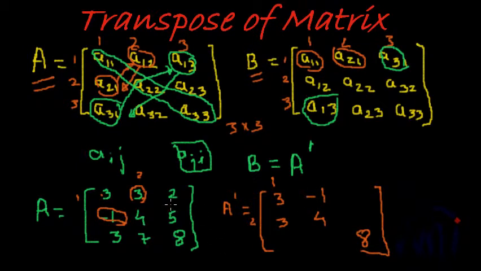Understood? Similarly, 2 which is column 3 row 1 will become column 1 row 3 and this will become row 1 column 3, right? Same we have to do with these two. Just reverse their positions and what you have is a transpose.